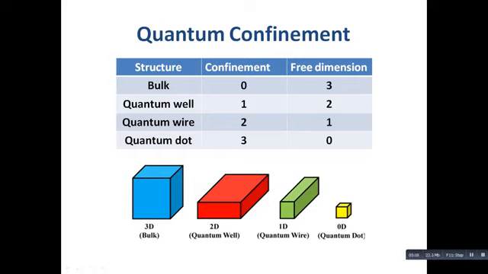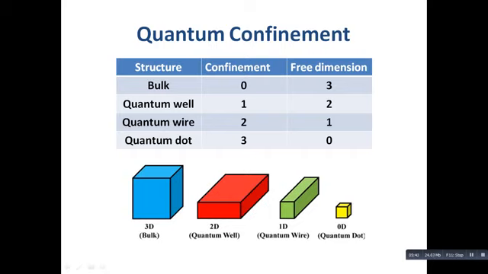Then this red structure, which we call a quantum well, has a confinement of one dimension, and it has two free dimensions. Of course all these figures are not to scale, this is just for your understanding. So you see along this height a charge carrier is confined to move. I mean, the charge carrier will feel the boundaries of this structure if it is allowed to move along this height of this object.